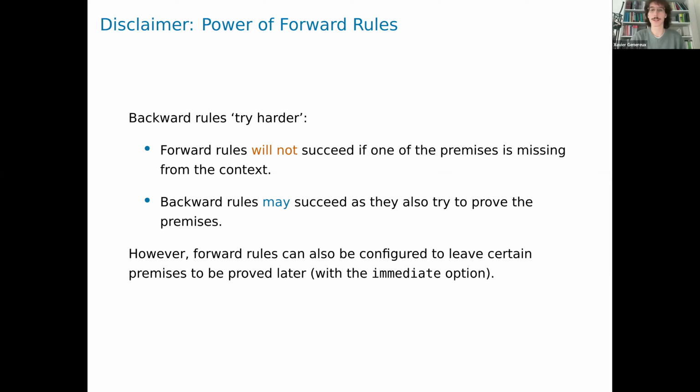Lastly, though, there are still some options for forward rules, which we call the immediate options, that make it possible for forward rules to be tasked and have the premises be proved later. So there's still some hope to use forward rules sometimes, but this needs to be kept in mind.